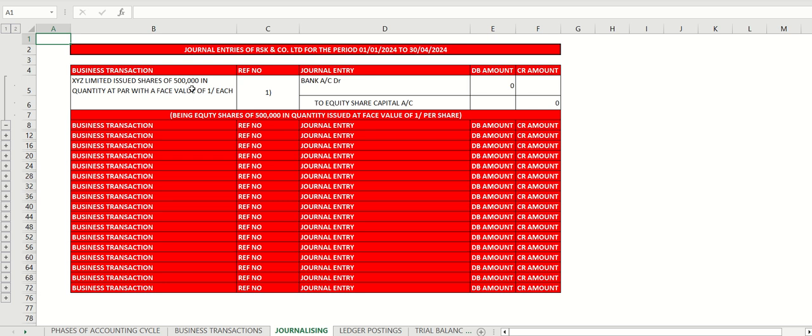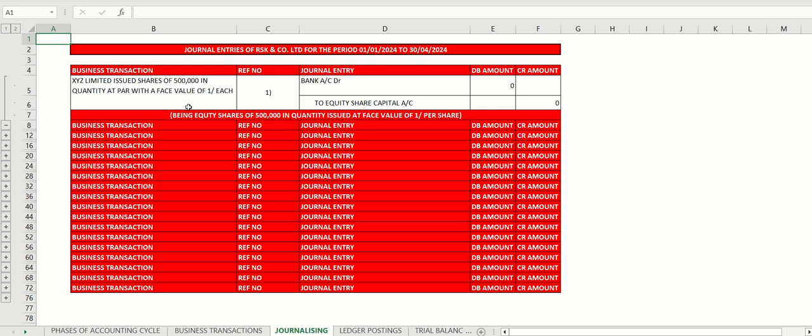For this business transaction I would be explaining what the journal entries are, what ledger accounts are supposed to be created or opened, and how these journal entries are supposed to be posted in those ledger accounts, and how the balances for these ledger accounts would get reflected in the trial balance, and how those amounts would get reflected in the financial statements. I would be explaining for each individual business transaction.